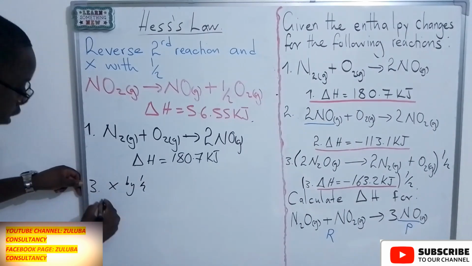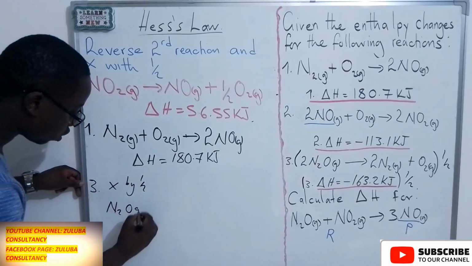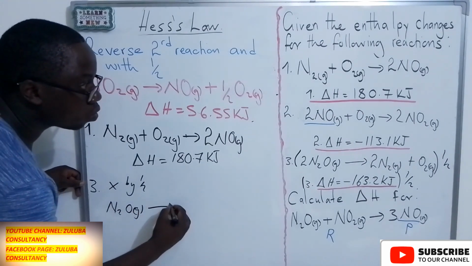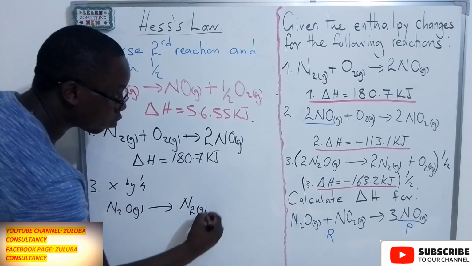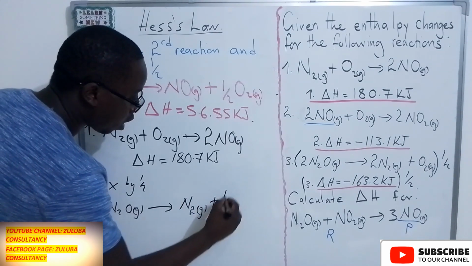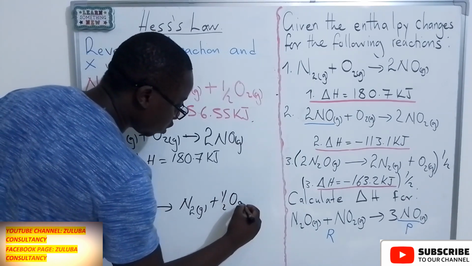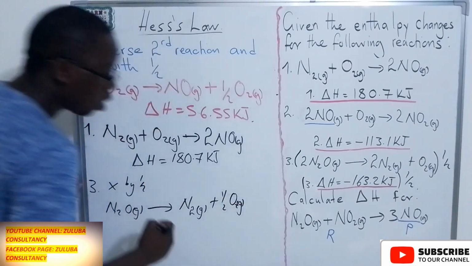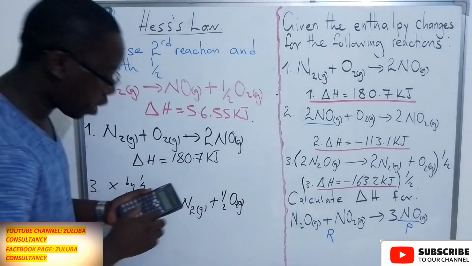So when you multiply that by half, we'll have N2O, which is a gas, producing N2, which is a gas, and half of oxygen gas there. Now, if we do this, we are saying even the enthalpy change should be multiplied by half.